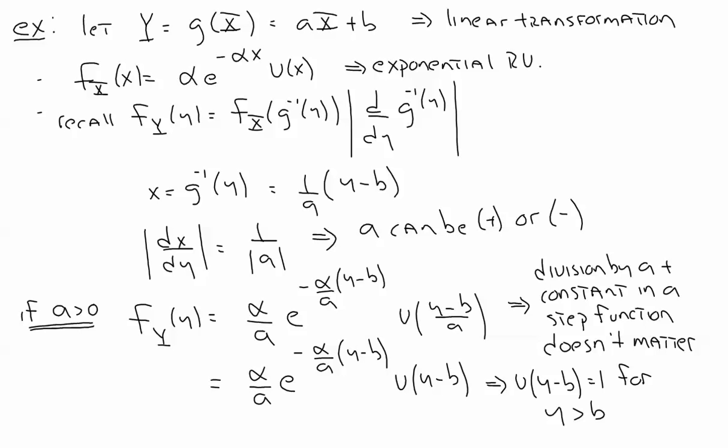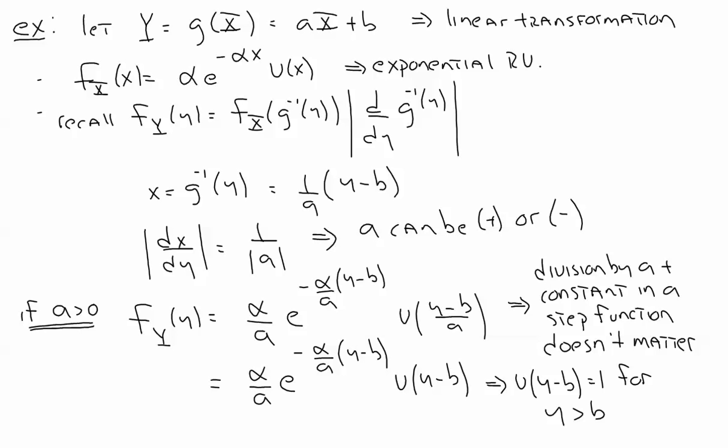Division by a positive constant inside of a step function just doesn't matter. A step function becomes unity when the argument is greater than 0, and in this case, it becomes greater than 0 when y is greater than b. Okay?